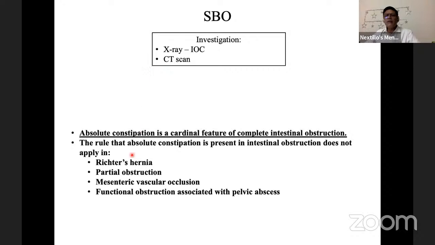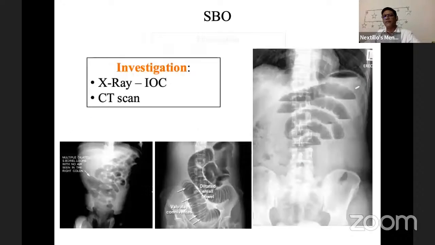So there are a number of conditions in which absolute constipation will not be present. Okay. But otherwise, absolute constipation is a cardinal feature of intestinal obstruction.